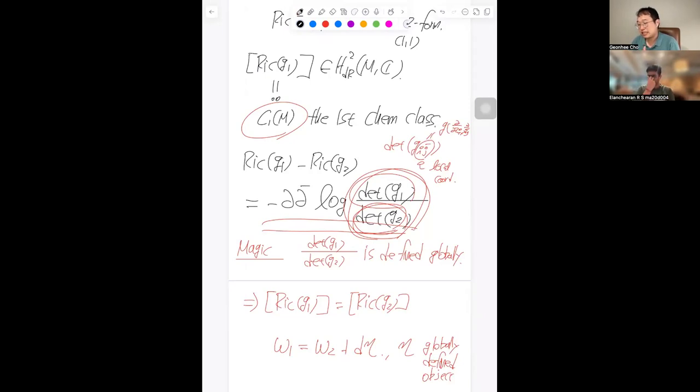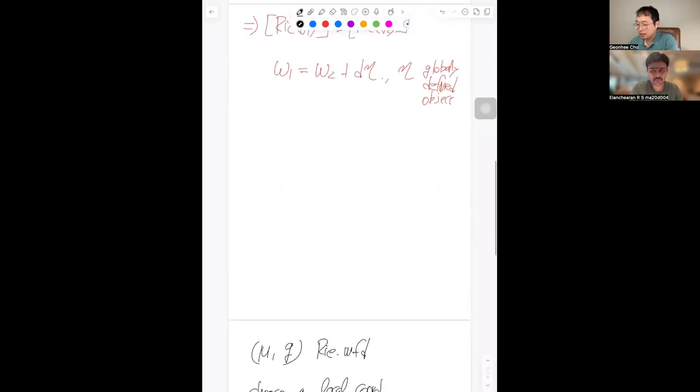In fact, this is actually quite deep. Let me explain this way. Instead of just writing the note, let me share the fundamental lemma in complex geometry that we rely on a lot.